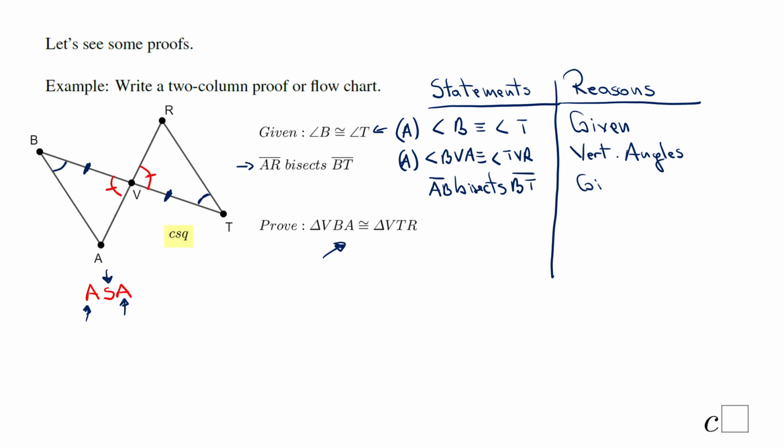It's right there at the beginning of the problem. And now we're gonna write the statement which says BV congruent with TV. Well, what's the reason here? Definition of bisector.